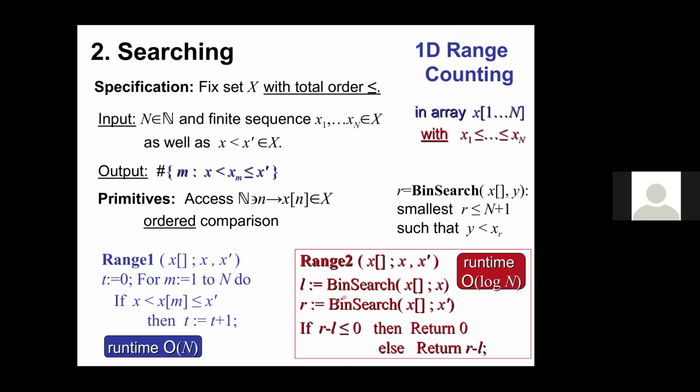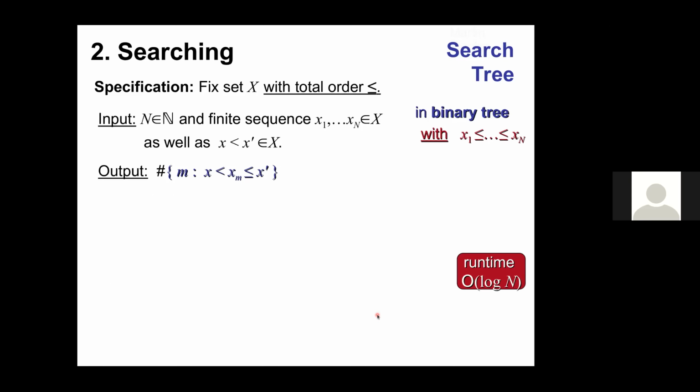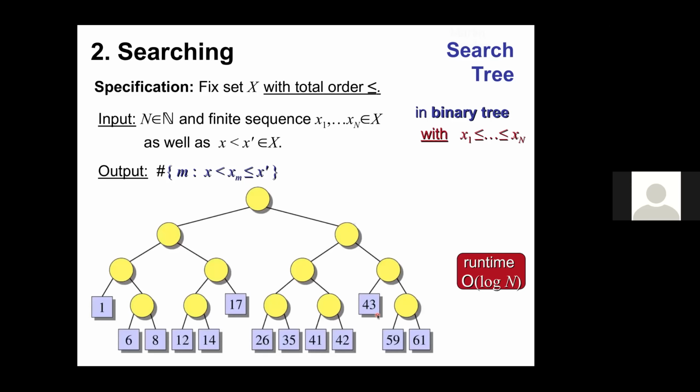So by using bin search, I can improve this range 1 algorithm for a sorted array this way. So for a sorted array, I can use bin search to have a logarithmic 1D range counting algorithm.